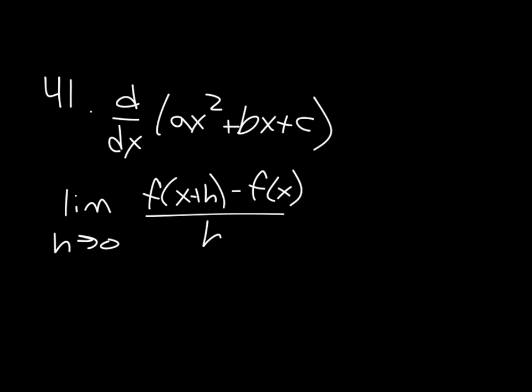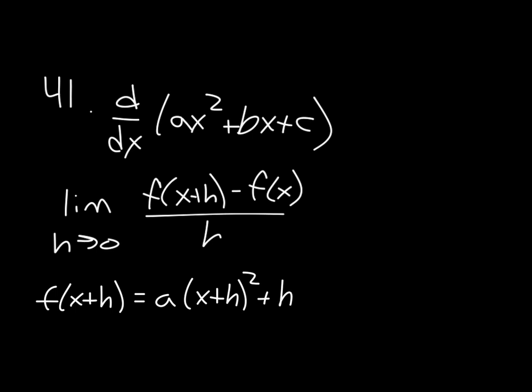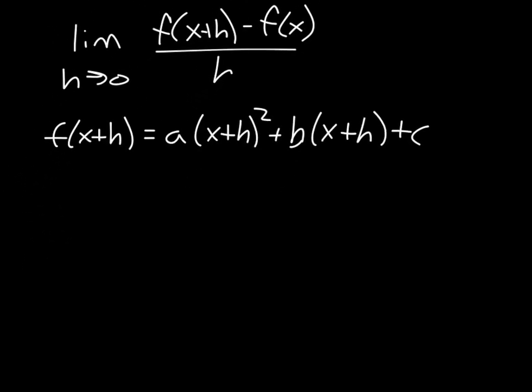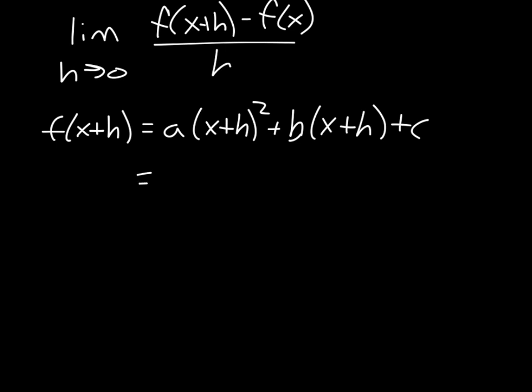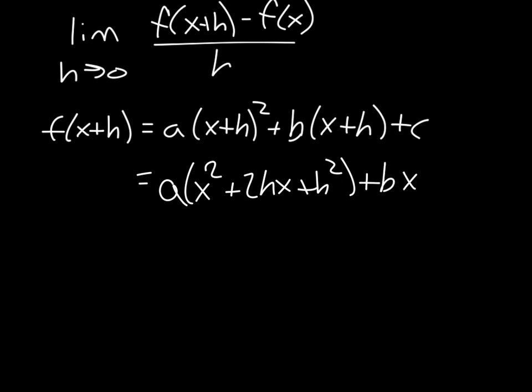Just because it's obnoxious looking doesn't mean that's not what we do. So then it looks like it's this. That's a B. All right, so then this becomes all of this, and then all of this.